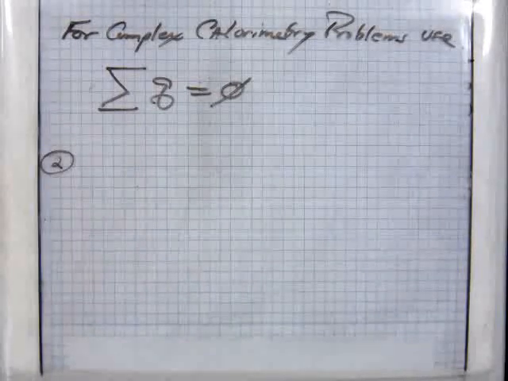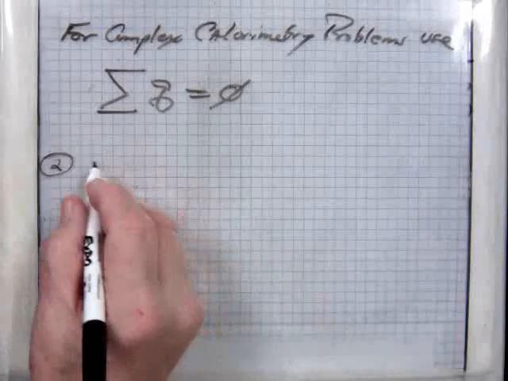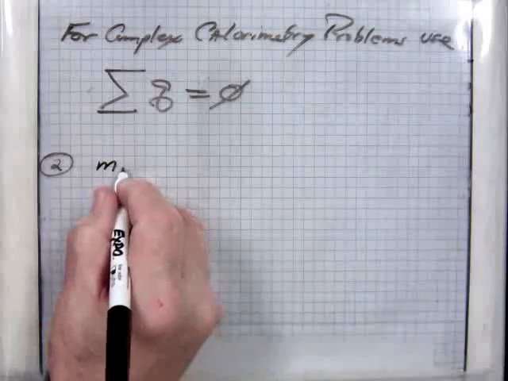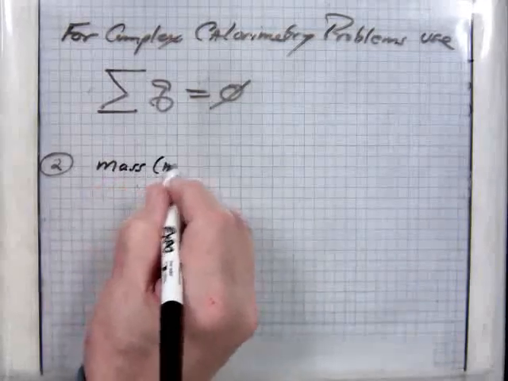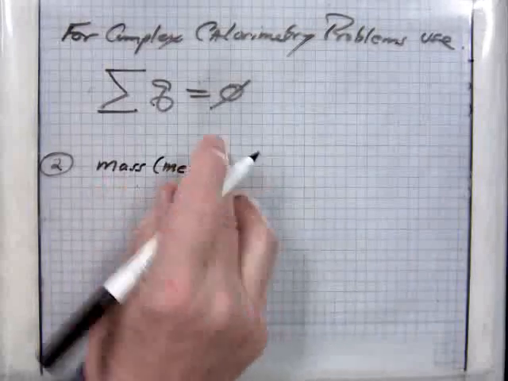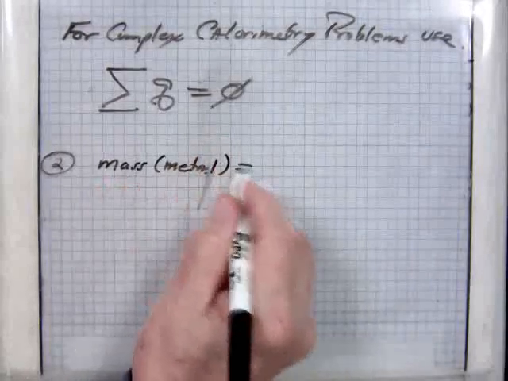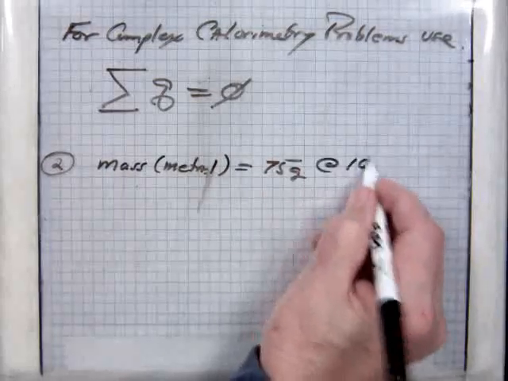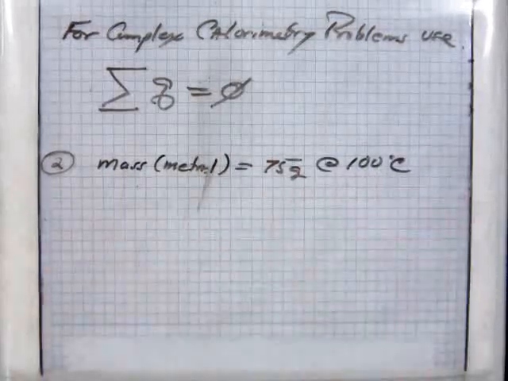A 75 gram sample of metal is placed in boiling water until it is 100 degrees Celsius. So you have metal, mass of the metal equals 75 grams at 100 degrees Celsius.